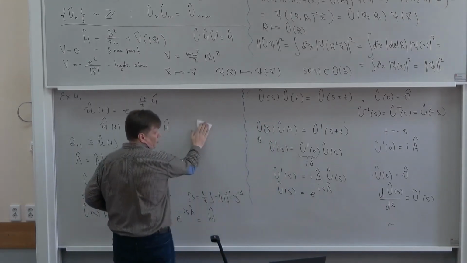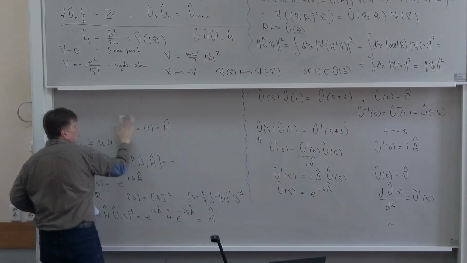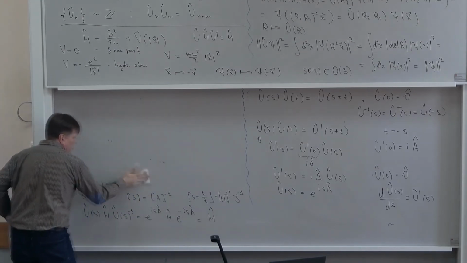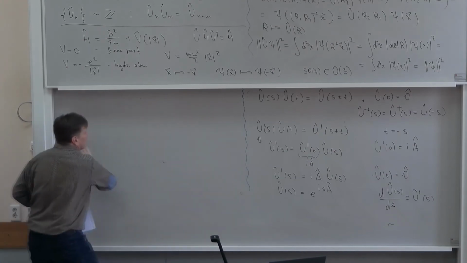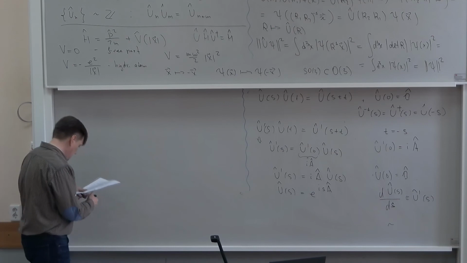The Hermiticity of A can be deduced from the following sequence of equalities.